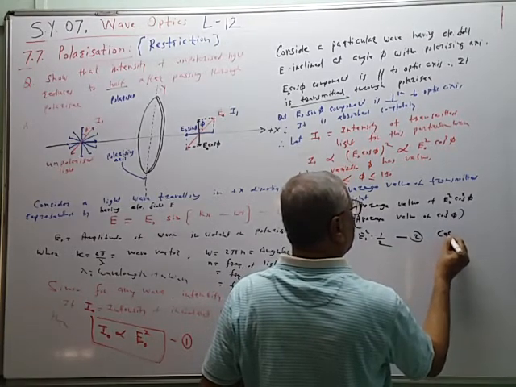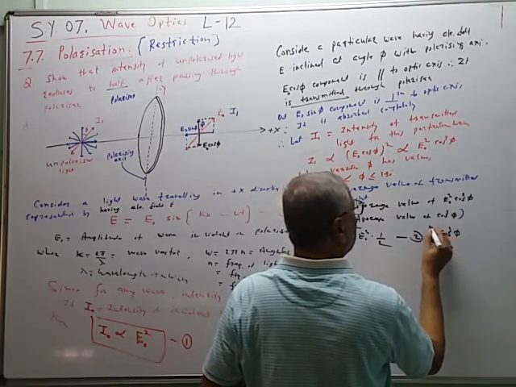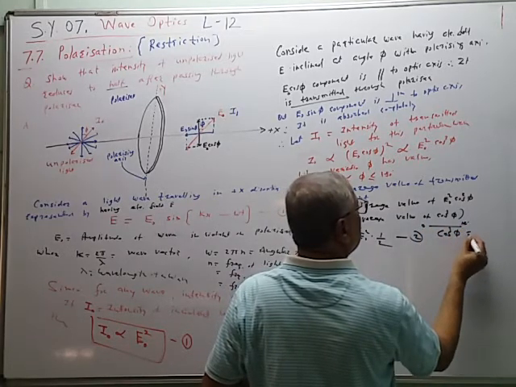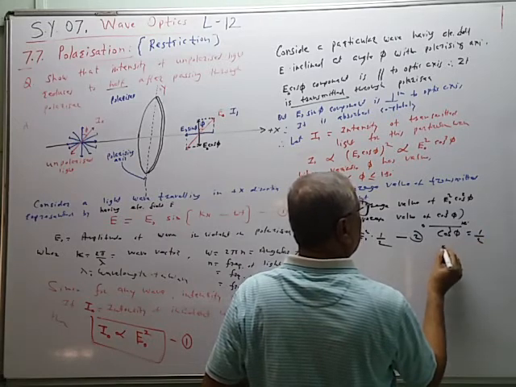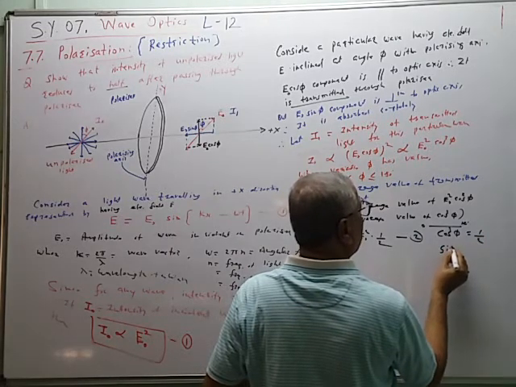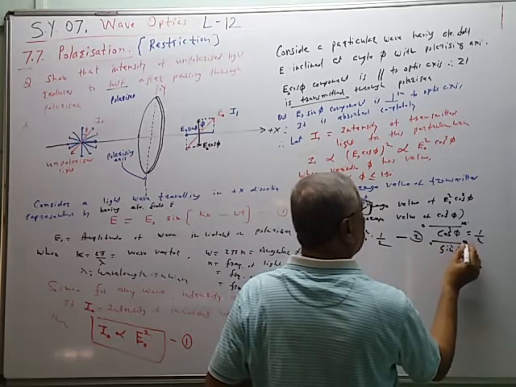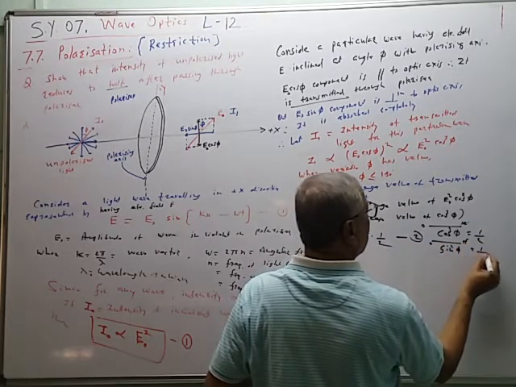You can write the average value of cos square phi from 0 to 180 degree is equal to 1/2. Average value of sin square phi from half cycle 0 to 180 degree, pi radian, is equal to 1/2.